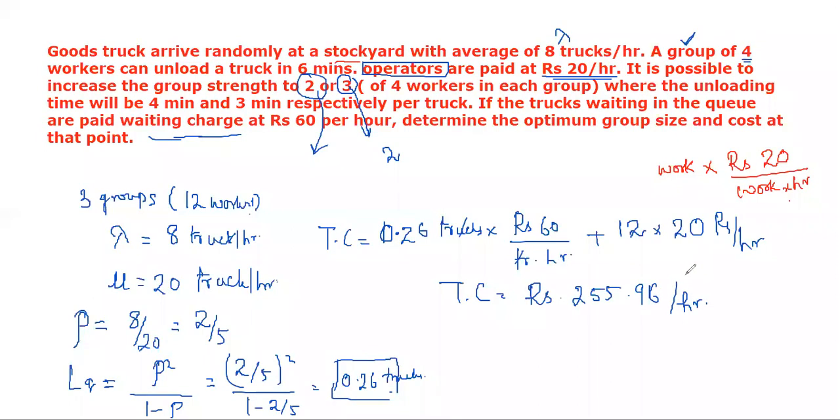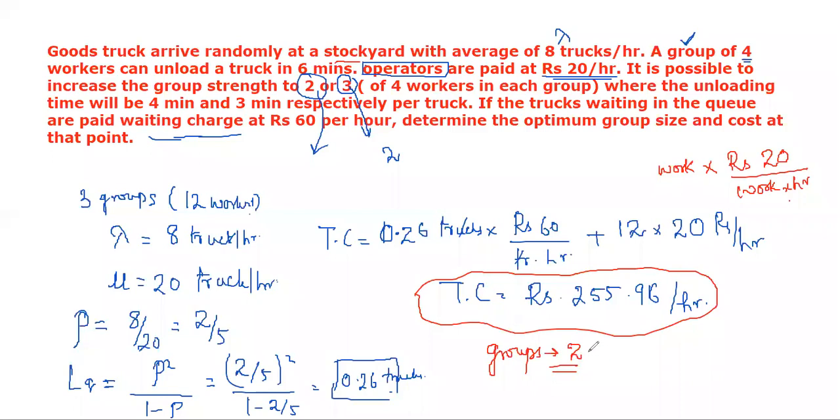These costs were on the basis of per hour. You can see that in each case the cost was based on rupees per hour. So if we compare the costs, we can say that two groups are optimum.